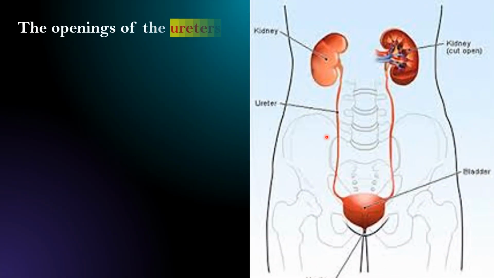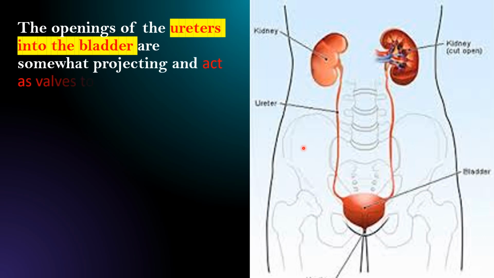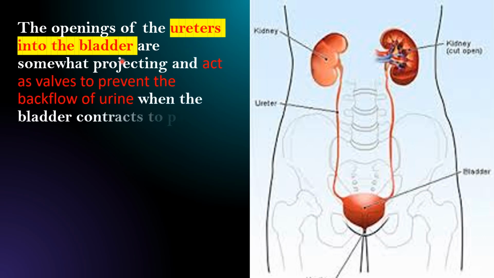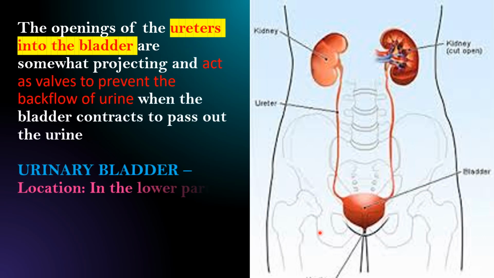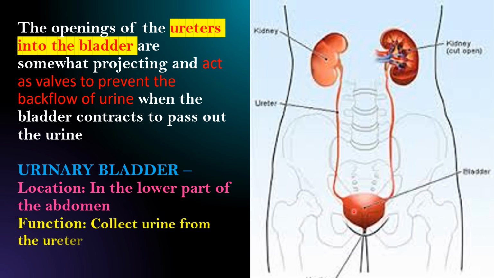Yes, the next point you have to remember in the ureter is that the openings of the ureters into the bladder are somewhat projecting and act like valves. Why is it acting like a valve? To prevent the backflow of urine from the urinary bladder to the ureter. This is needed at the time of contraction of the urinary bladder.